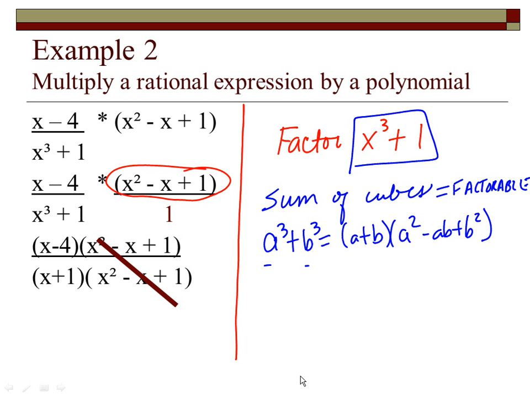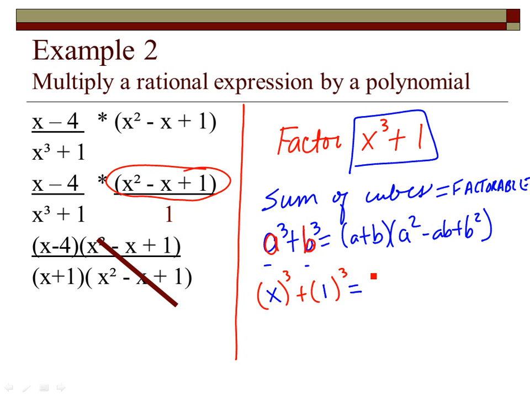So your job is to figure out what is A and what is B. Alright, so it looks like our A will have to be x and our B will have to be 1, because 1 cubed is 1 and x cubed is x. It's pretty easy.